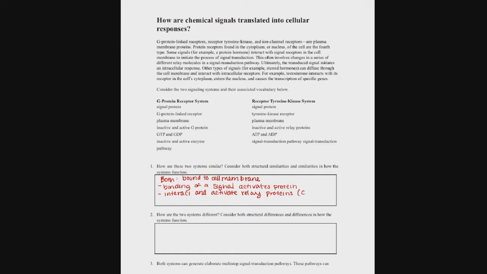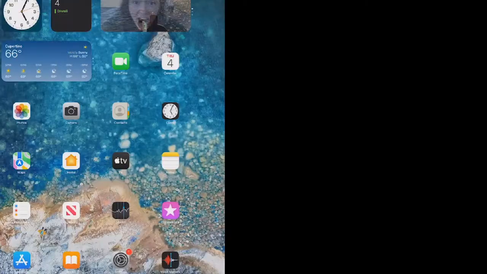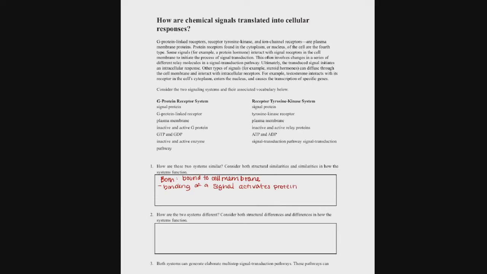An example for the G protein could be cyclic AMP, so that's kind of that signal transduction pathway, and then activated relay proteins. Sorry, everybody, I deleted some.